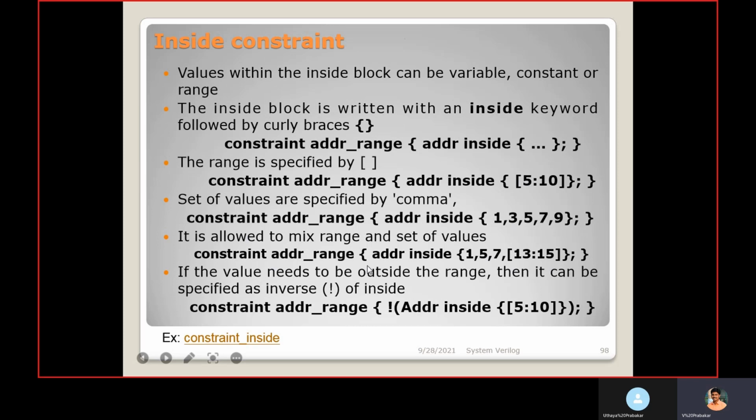So if I want to assign the value for the address out of this range, I can use this not before there. For this address, the value will be assigned out of this range, so for that we can mention this not before the address.